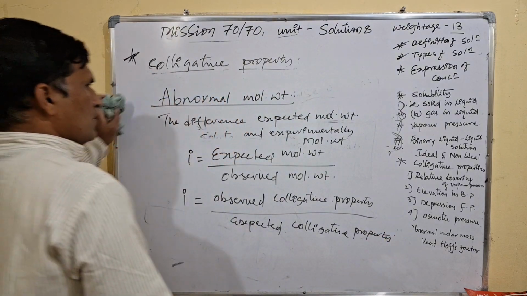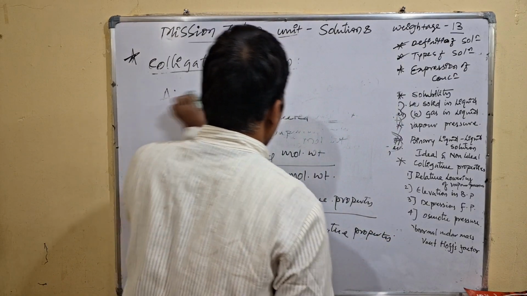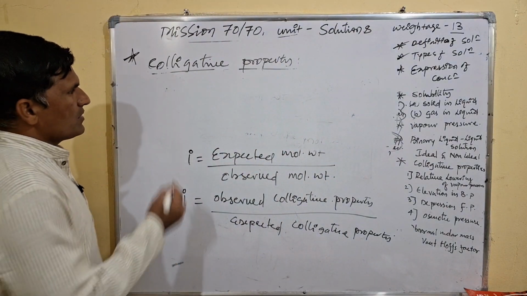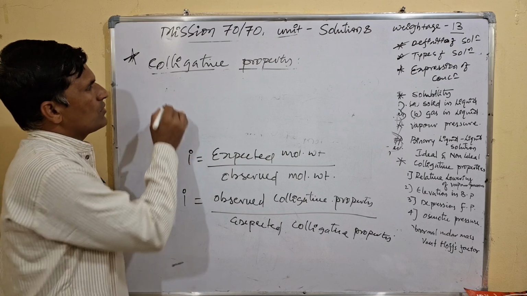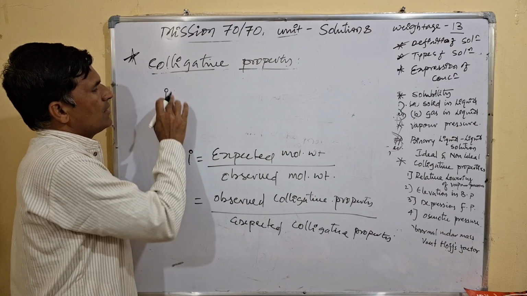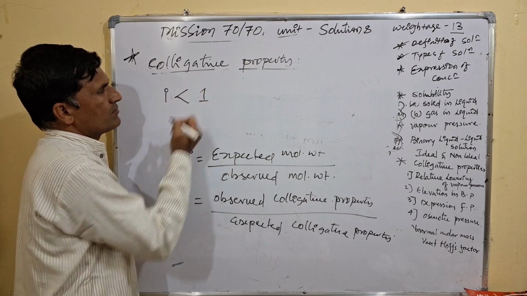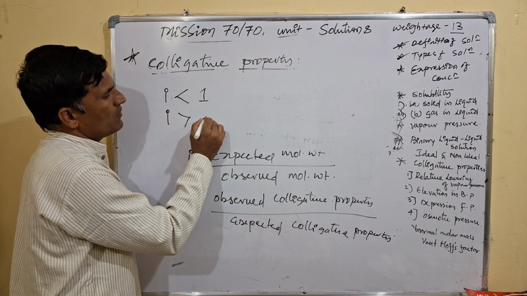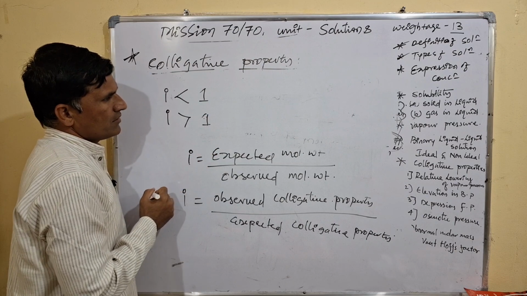Now you should remember this i factor. What information does it give? If the molecules are associated, then i will be less than 1. If the molecules are dissociated, then the i value will always be greater than 1.